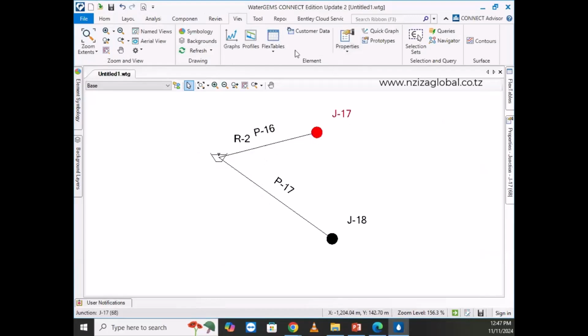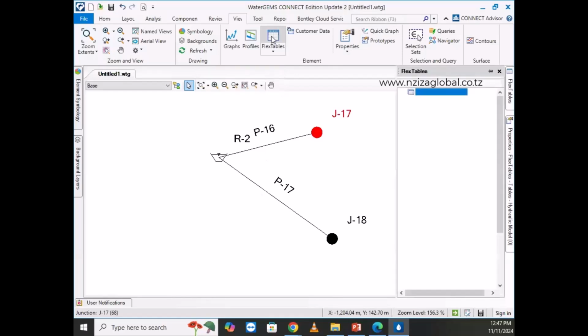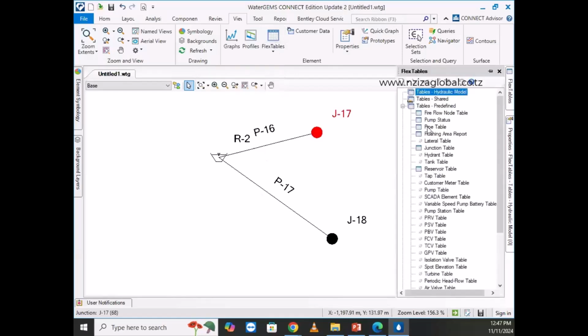There is what is called the FlexTable. To those who use GIS, it's like an attribute table. So by clicking on FlexTable, you will get a table like this one.